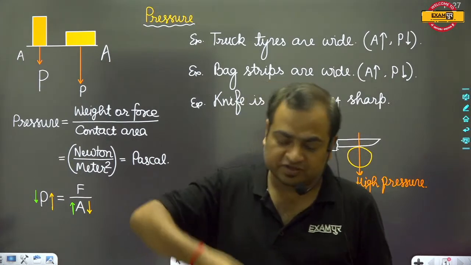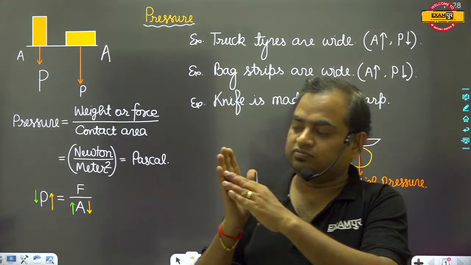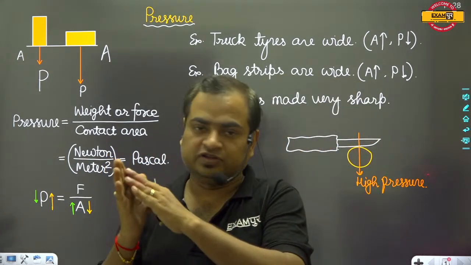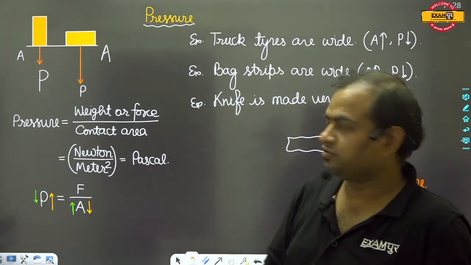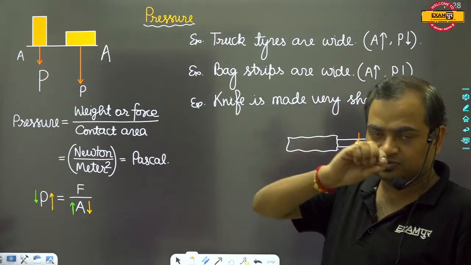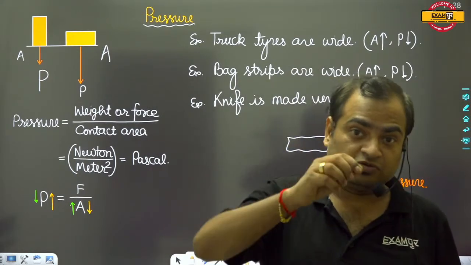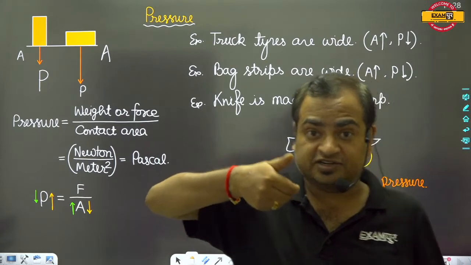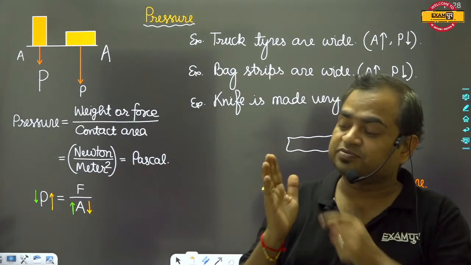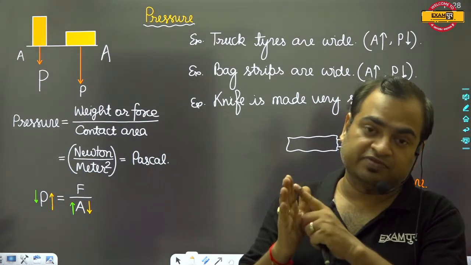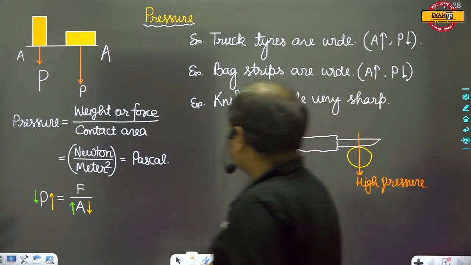So when I used to pick this bucket, I used to feel pain in my fingers, just because that handle was very thin and the contact area was very low. That's why the pressure exerted by that bucket handle was very high, and my fingers used to get hurt.